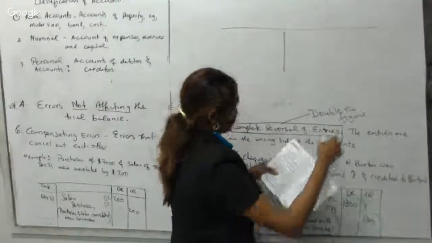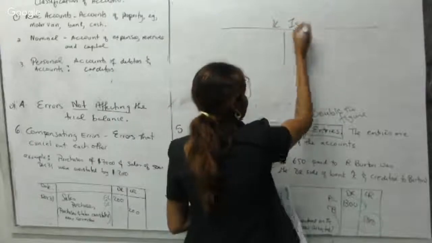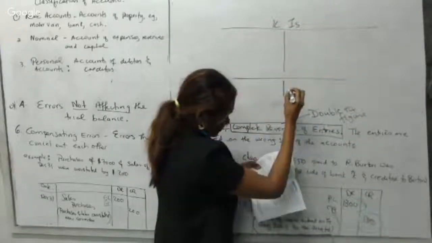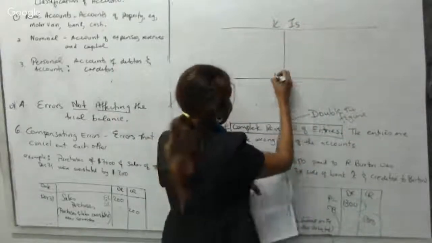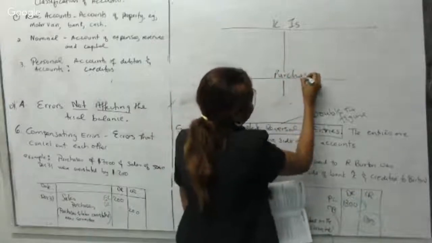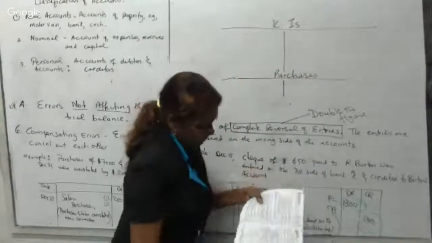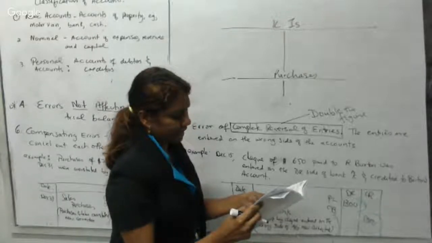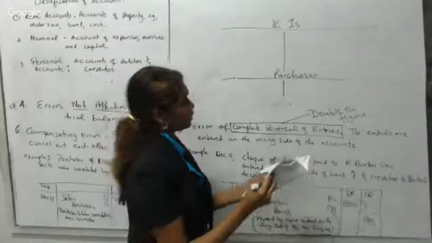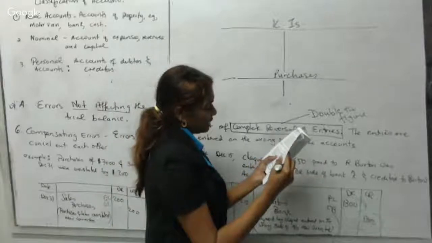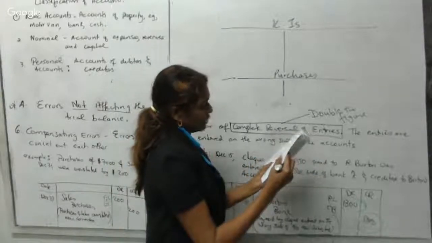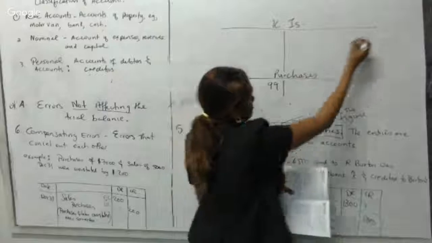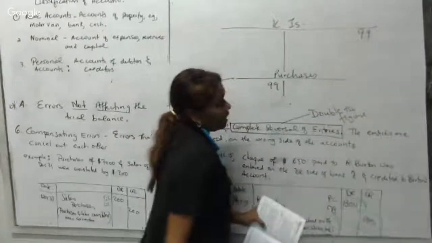Usually for original entry, I like to think about when you make the error. So you buy goods from K Isaacs for 89, so you know you're supposed to debit purchases and credit Isaacs, but you did so with 99. Correct double entry, but just the wrong figure.